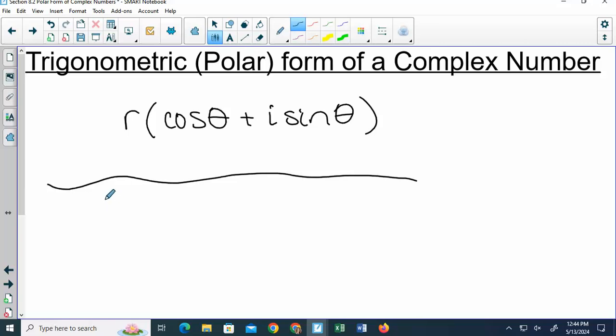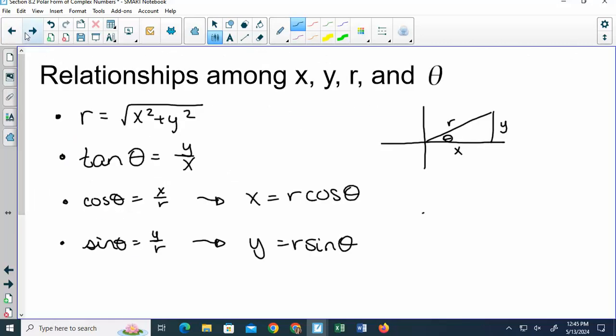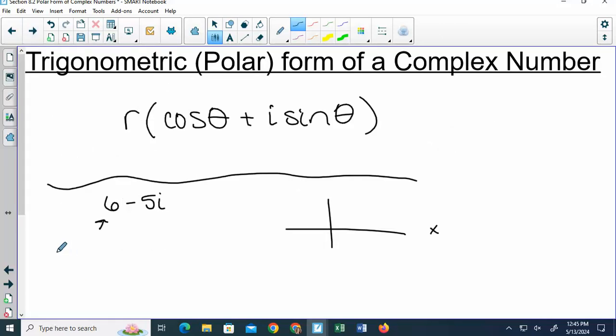If I give you a complex number, like 6 minus 5i, when you graph it, the 6 is your real number, right? And we put that on the x-axis. Based on our previous slide, we said x is r cosine theta.